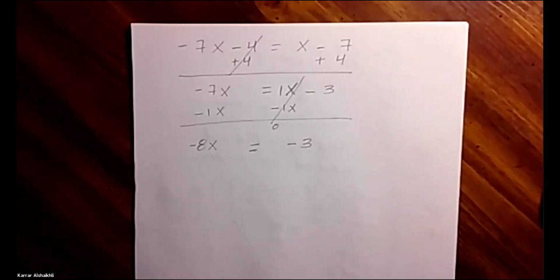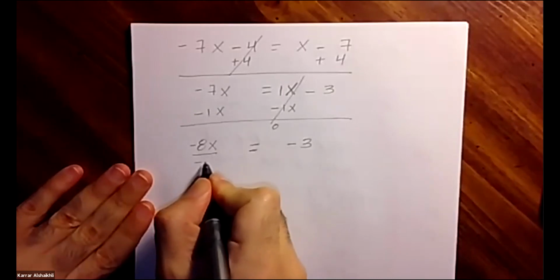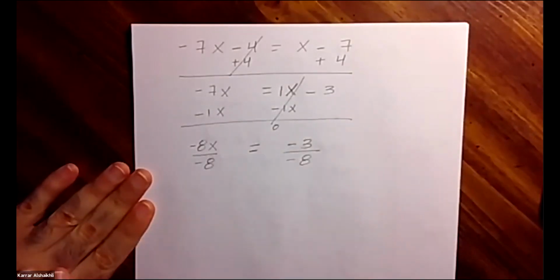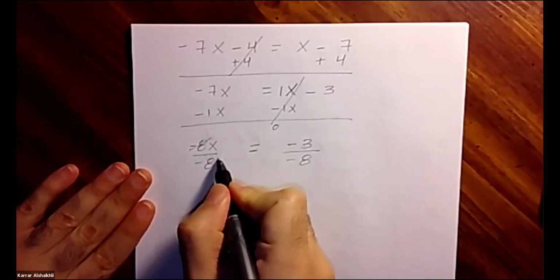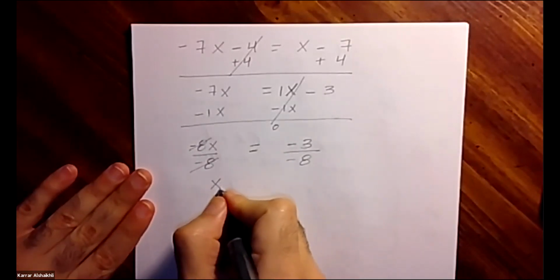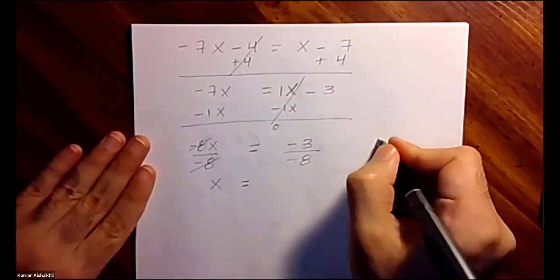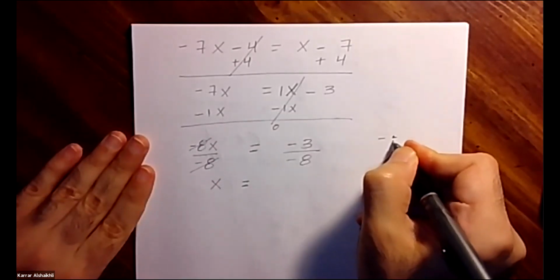You're going to divide both sides by which number? Negative 8. You're going to divide both sides by negative 8. Negative 8 cancels with negative 8. The leftover is just the x equals negative divided by negative.